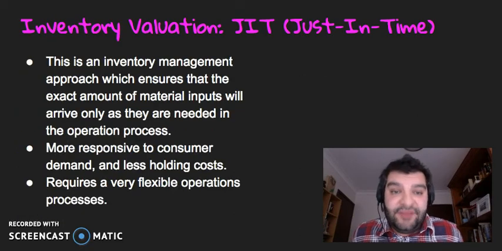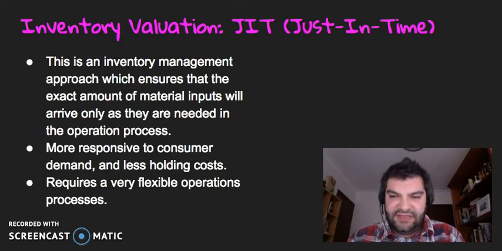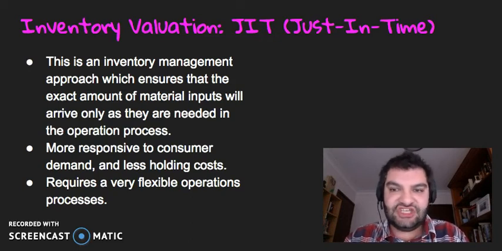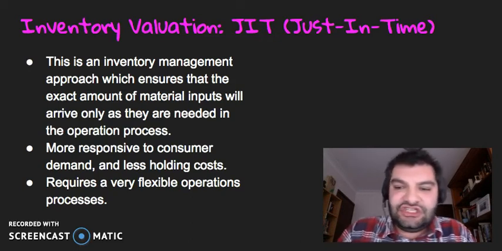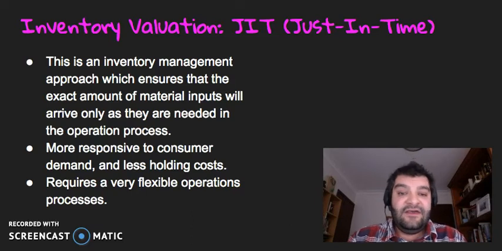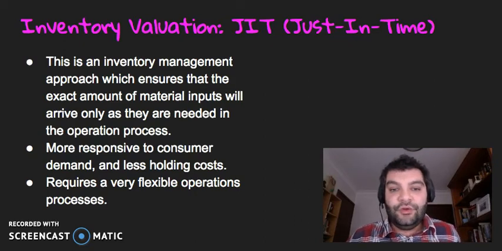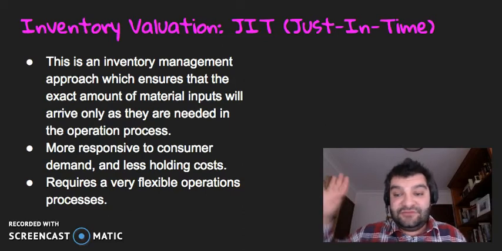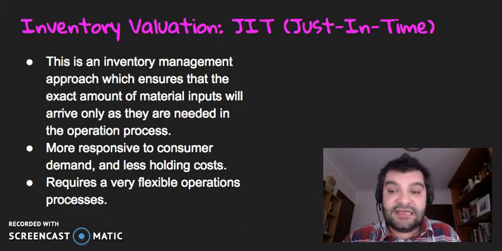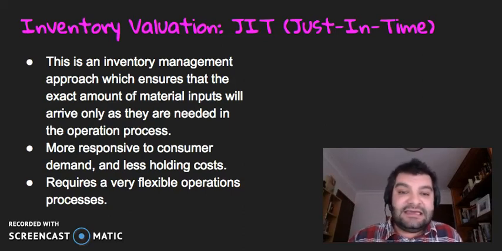And finally, the last form, I guess, of inventory valuation is JIT, just in time. This is an inventory management approach that ensures that the exact amount of material inputs will arrive only as they are needed. So there's nothing sitting in a storage warehouse. It arrives just as they need it.